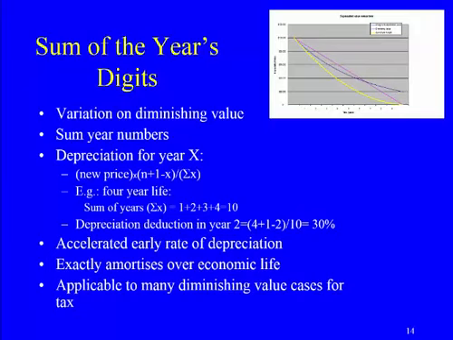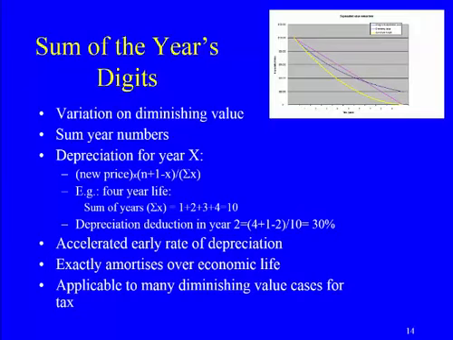The advantage of the sum of the year's digits approach is that it has an overall shape similar to the diminishing value curve. However, it exactly amortizes the capital value over the economic life. That is, in our example, over the 10 years, at the end, the remaining value of the asset is exactly zero by using this method.